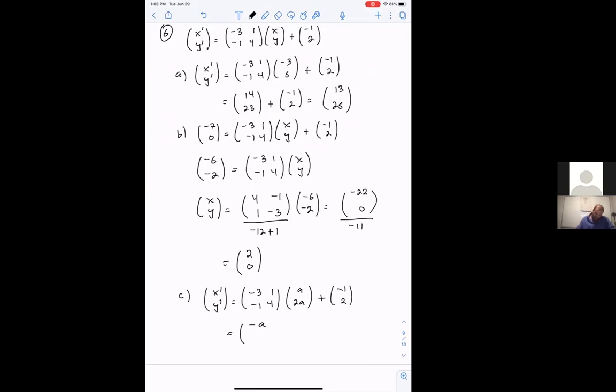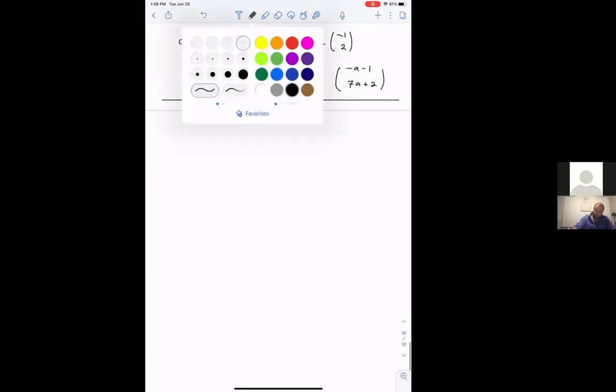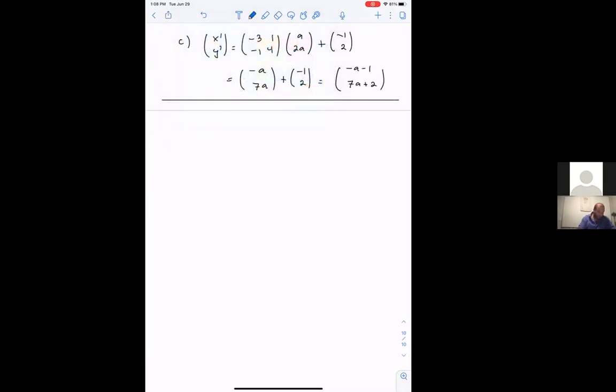I get -a plus 8a is 7a, plus (-1, 2). So it just goes to (-a - 1, 7a + 2). It's kind of a weird question. Okay. Moving on. So then we go to question number 7.